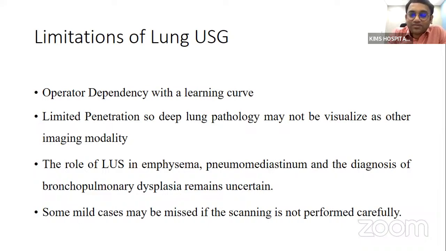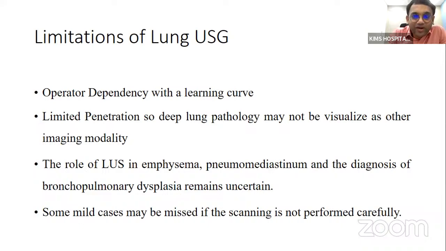Learning lung ultrasonography is one of the recent needs for every neonatologist, because by using it, we can diagnose so many conditions quickly and treat the conditions accurately. Just like we can avoid giving surfactant in babies who have a TTN kind of picture, late preterm and early term babies, where they have an alveolar-interstitial pattern with normal pleura.